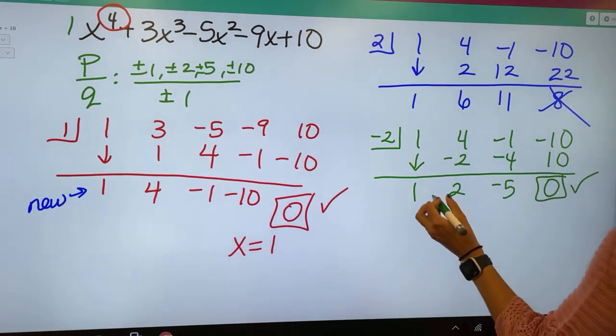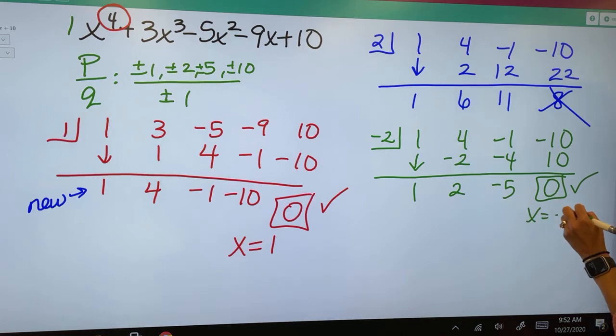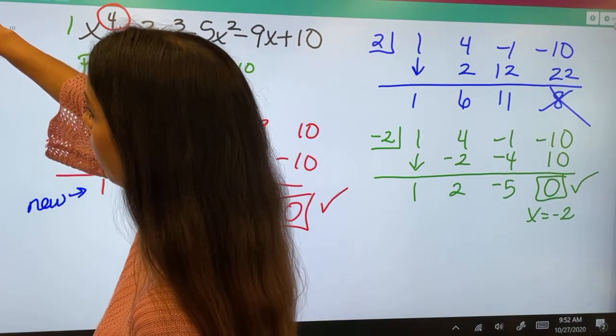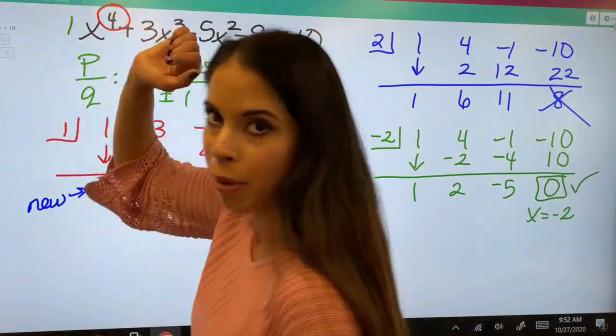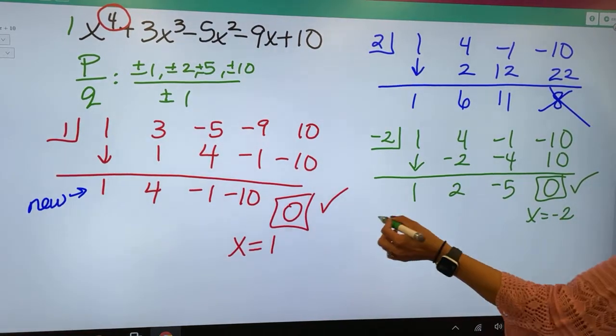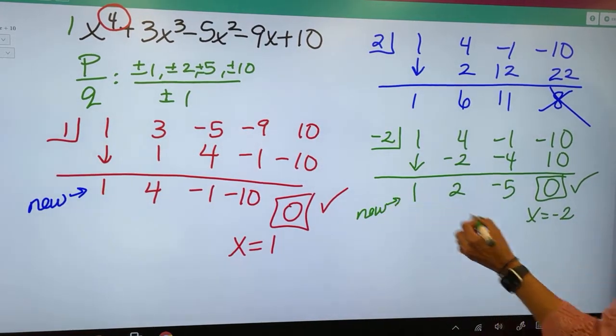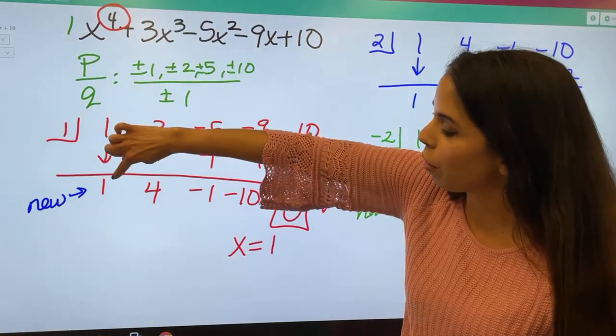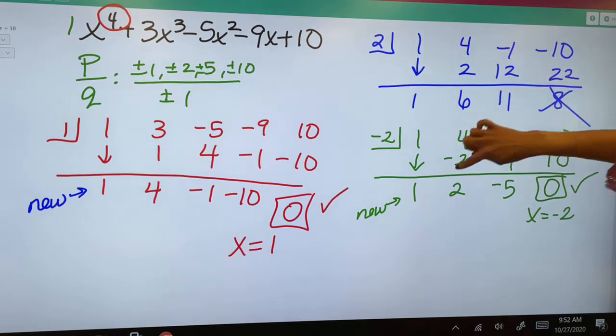Ugh, okay, so we know that x equals -2 is a root. Okay, so I'm going to go to that drop-down menu. That first one, I saw it on there. There it is, -2, and I picked it. All right, now I need to find the last two, and I have to use these as my clue, my new coefficients. So I went from a 4th degree to a 3rd degree to a 2nd degree.